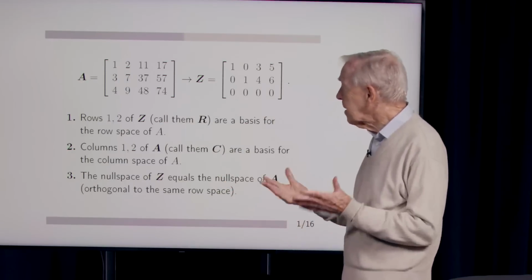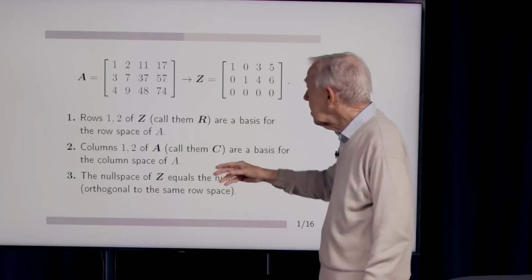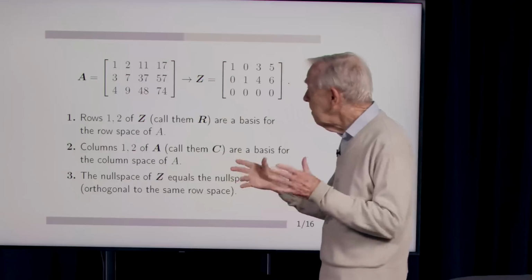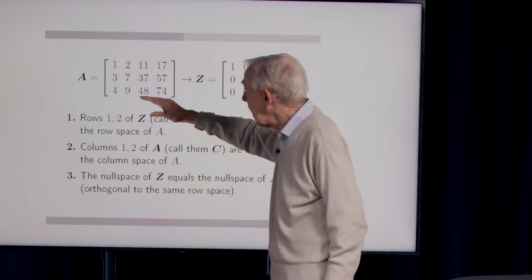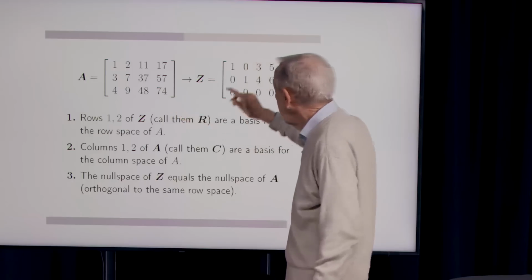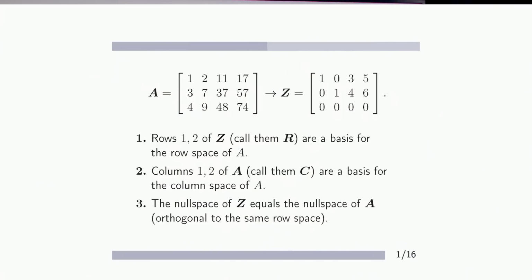So the column space of this matrix has the same basis; we learn about the column space of A from the column space of this one. So that's point 2. The first 2 columns of A are a basis for the column space of A, because they clearly became the basis when we went to Z.